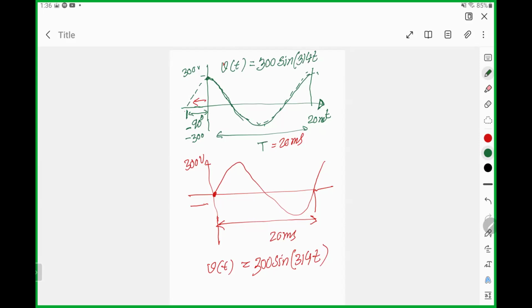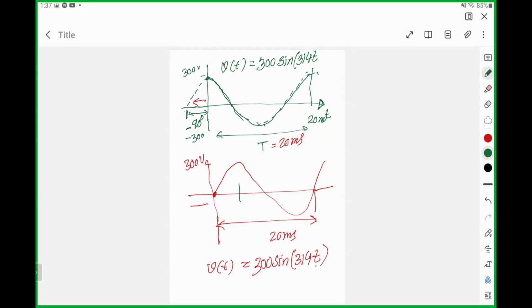Now, in the previous case, if I plug in 0, then sine of 0 becomes 0, and that's why we are getting 0. But here, we are getting the maximum. That means we are no longer here. At t equal to 0, we have started from here. That means it is getting 0 earlier.